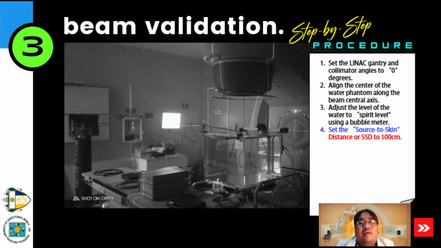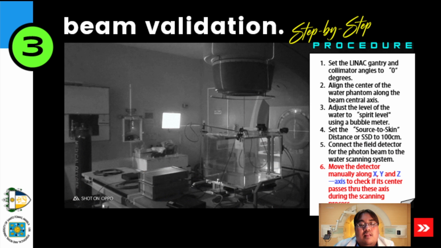Fourth is that we have to set the source to skin distance or SSD to 100. Also, we have to connect the field detector for the photon beam to the water scanning system. And then also we have to move the detector along X, Y, and Z to ensure that it is passing through the beam central axis during the scanning process.